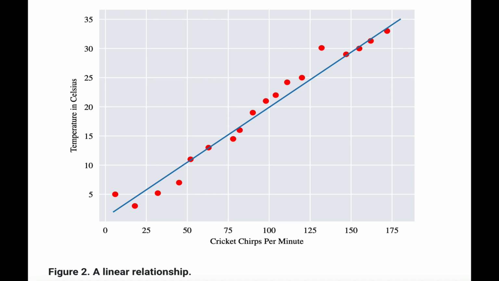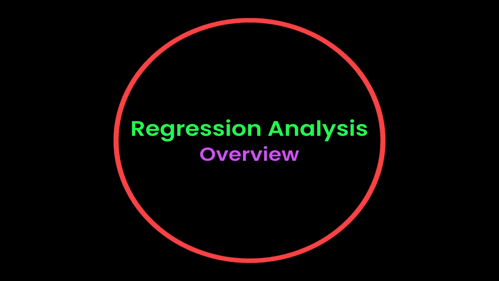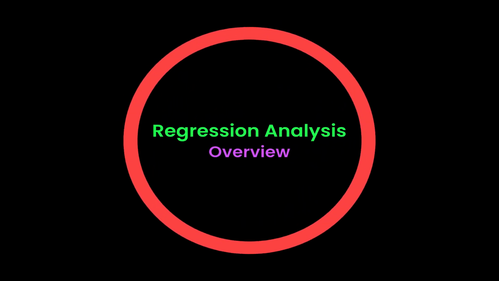The line does not pass through every dot, that's true, but the line does clearly show the relationship between chirps and temperature. Using the equation for a line, we could write down this relationship. In this diagram, the equation for a line describes the relationship between the number of chirps per minute and temperature in Celsius. Finally, there is a quick overview of regression analysis key components.